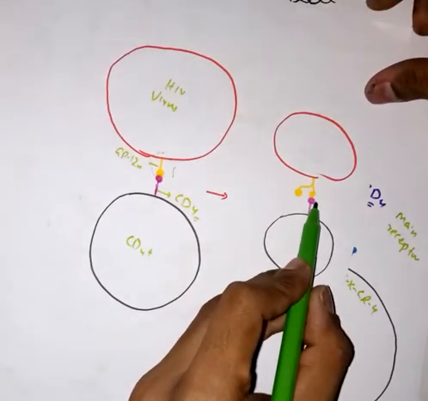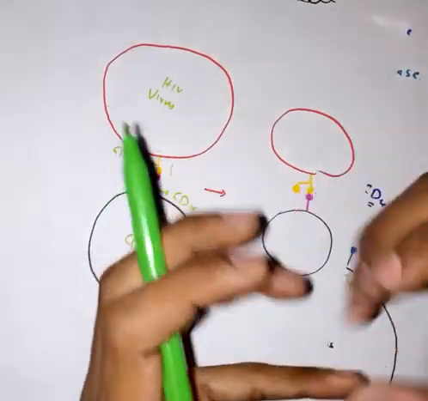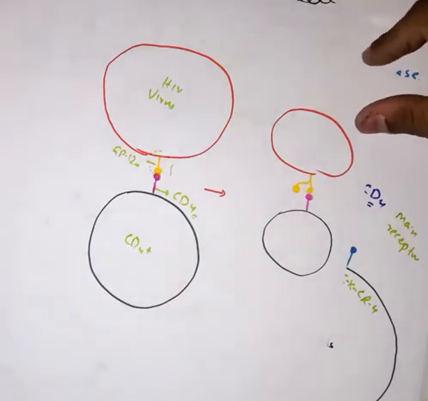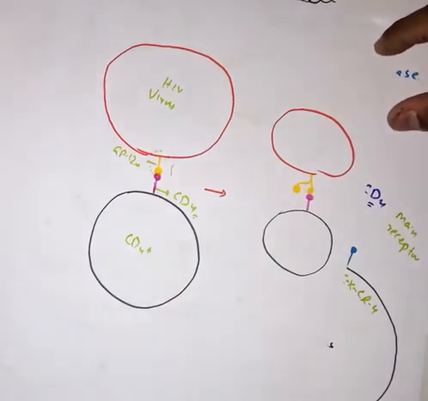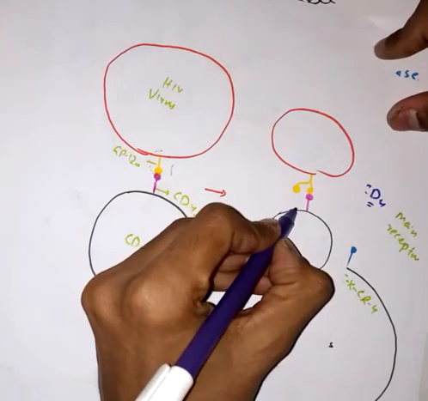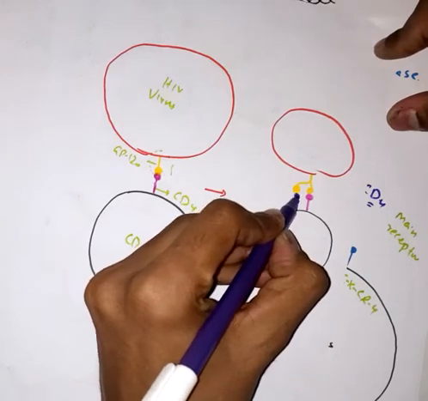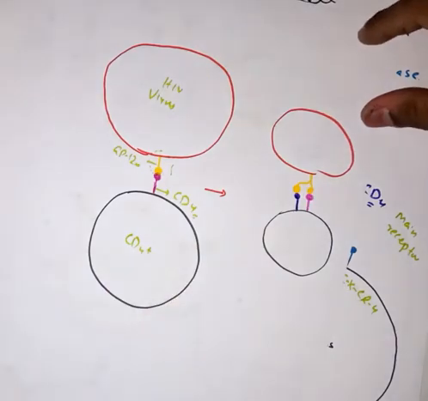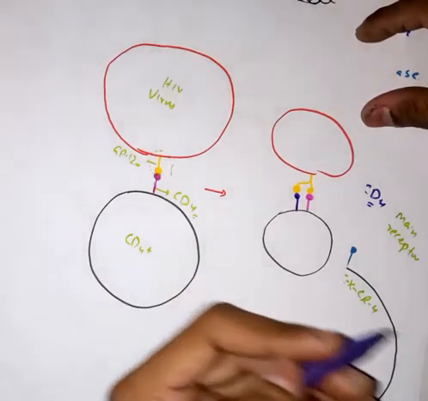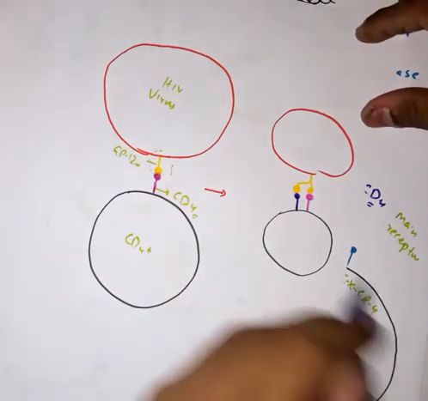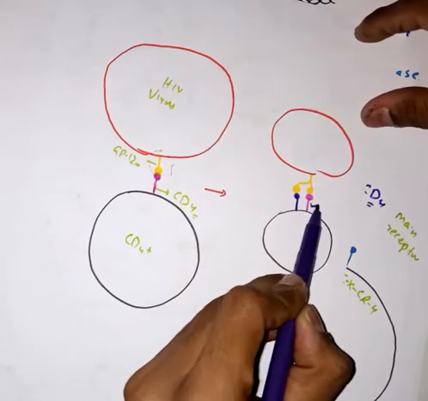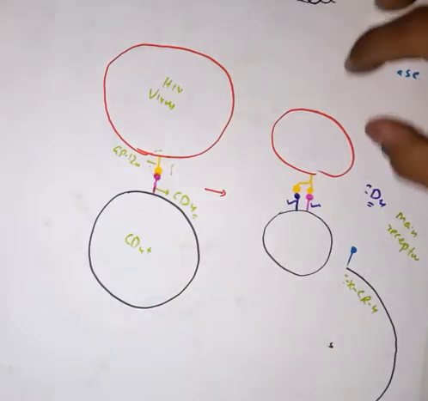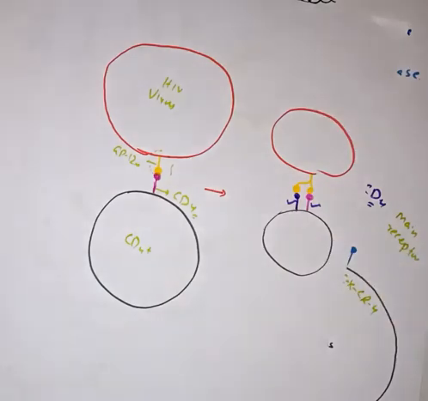Now after the conformational change, an additional domain for the attachment with co-receptors will be expressed. Now it will be able to attach on CCR5 or CXCR4.